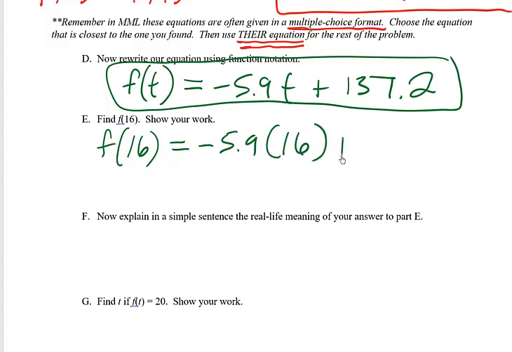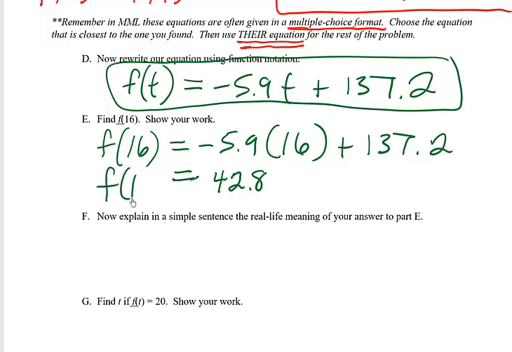So I'll do that, and then after that, there's nothing really to do in terms of work other than grab the calculator and type it all in, and there's not really any great reason why I shouldn't just type that all in at once. I'm getting 42.8 off the calculator. So we're saying that f of 16 is equal to 42.8.